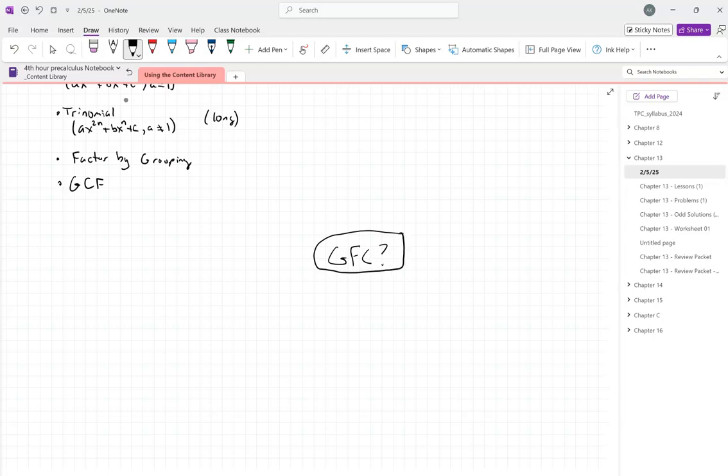So the first thing we do is we check for a greatest common factor. And then we're going to look at the number of terms.